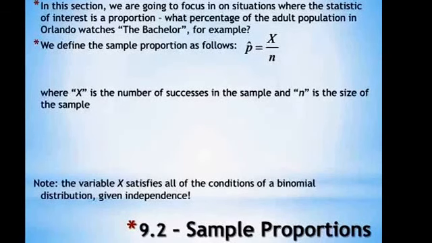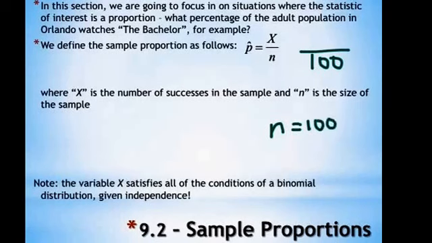For example, what percentage of the adult population in Orlando watches The Bachelor? So we define the sample proportion as follows. P hat is equal to X, where X is the number of successes in the sample, over N, and N is the size of the sample. So let's say in Orlando, I asked 100 people. So N is equal to 100.